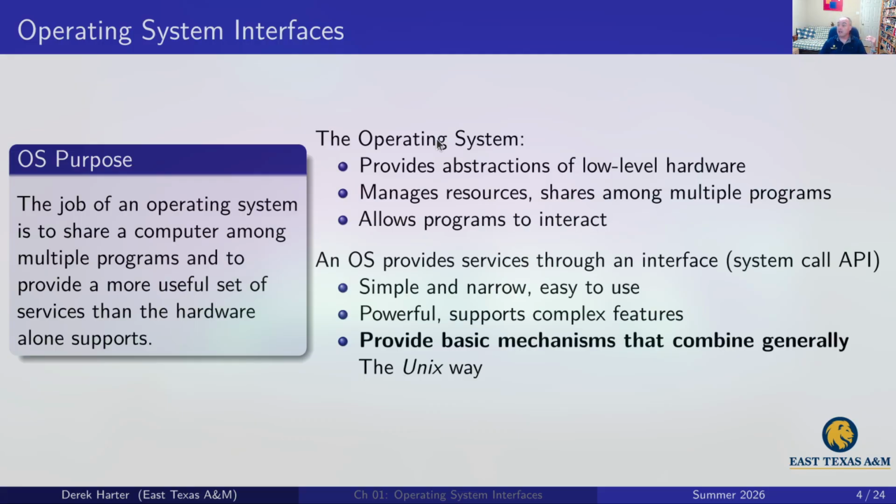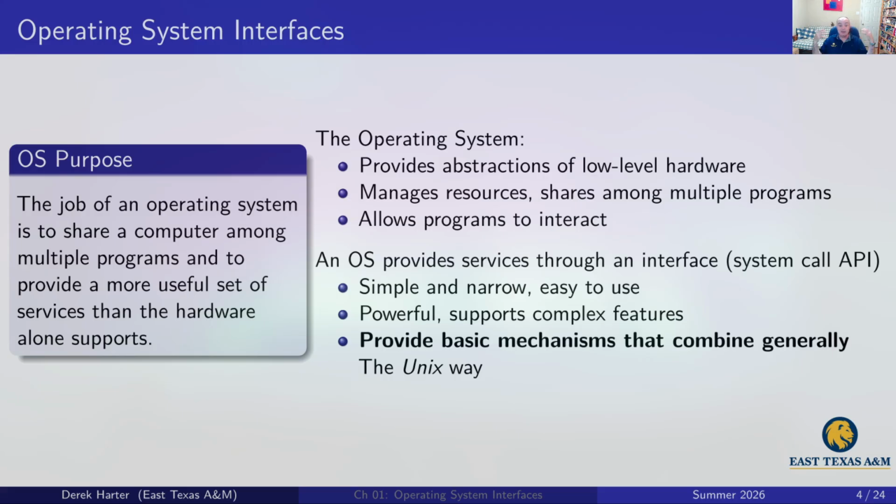So one of the jobs of an operating system is to provide high-level abstractions for the low-level hardware, to make it easier and much faster for people to write applications that use hardware like disks, keyboards, and video displays. One way you can think of an operating system is as a resource manager.